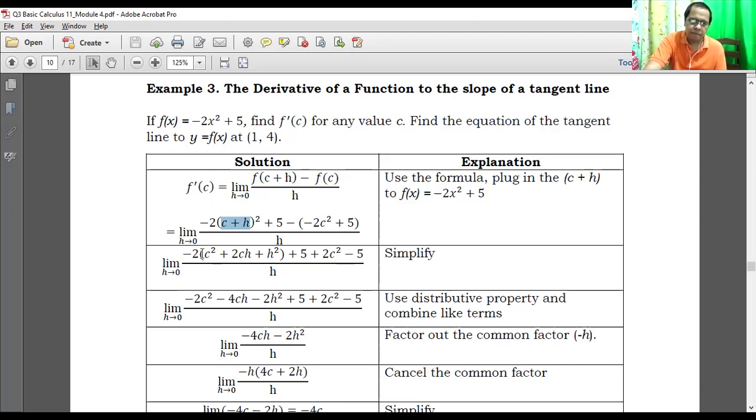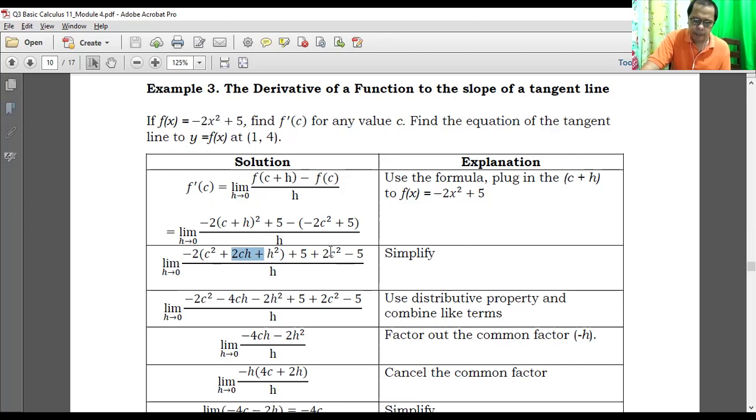And then solve the equation using the distributive law. Okay? And then the negative is distributed to the function.